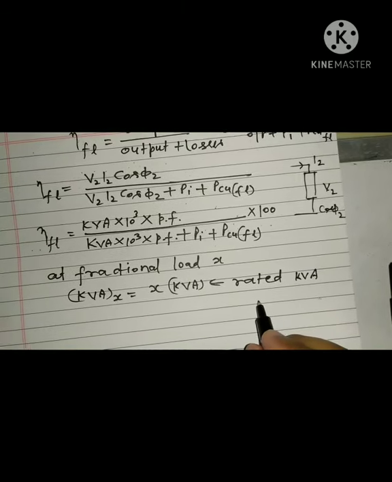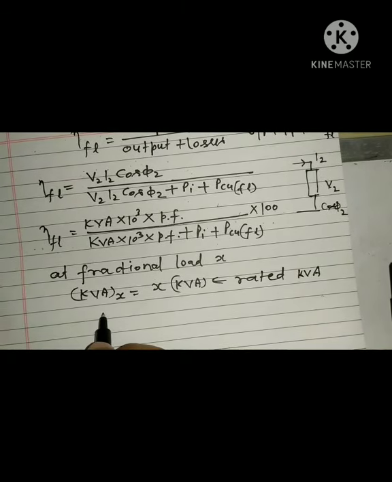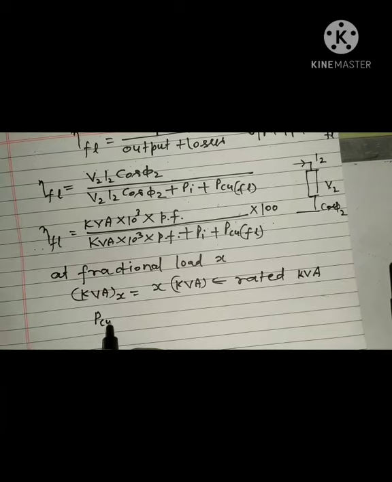Right. And at the same time, copper loss also changes as it is variable loss. So copper loss at any load X will be given as X square times copper loss at full load.